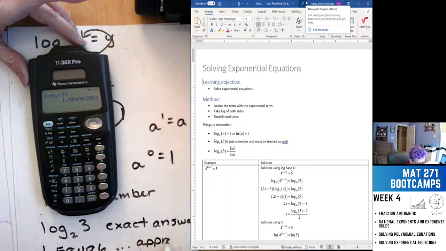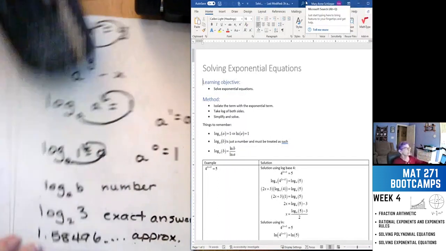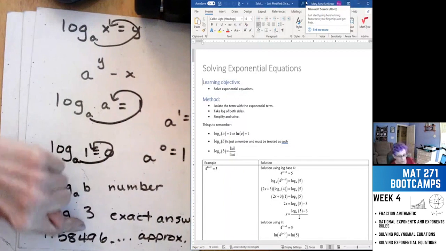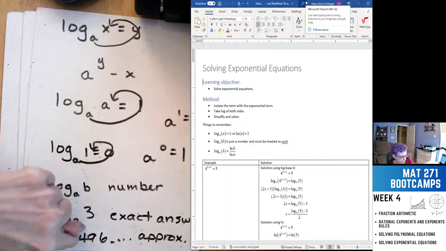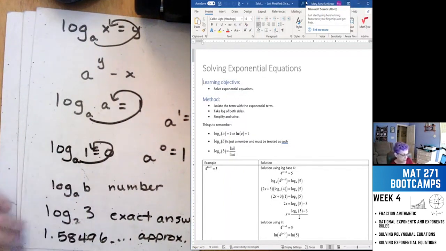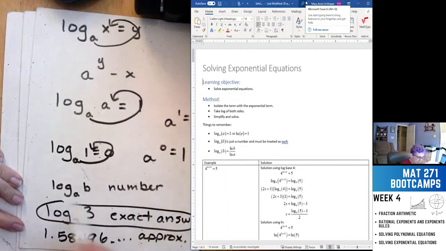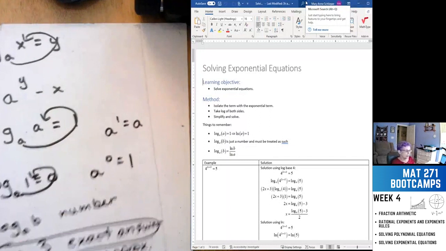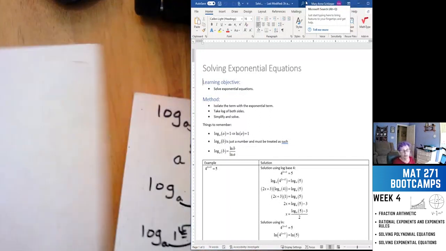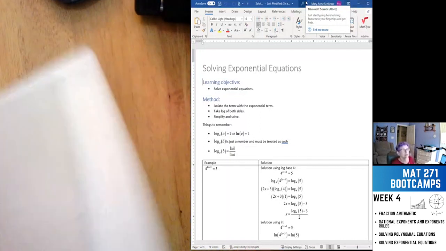This is an approximation. So if WebAssign asks you to round it to a certain number of decimal places, then yes, you plug it in your calculator. But this is just a number, and we treat it like a number, and we feel really good about ourselves because we've gotten an answer when we get there.